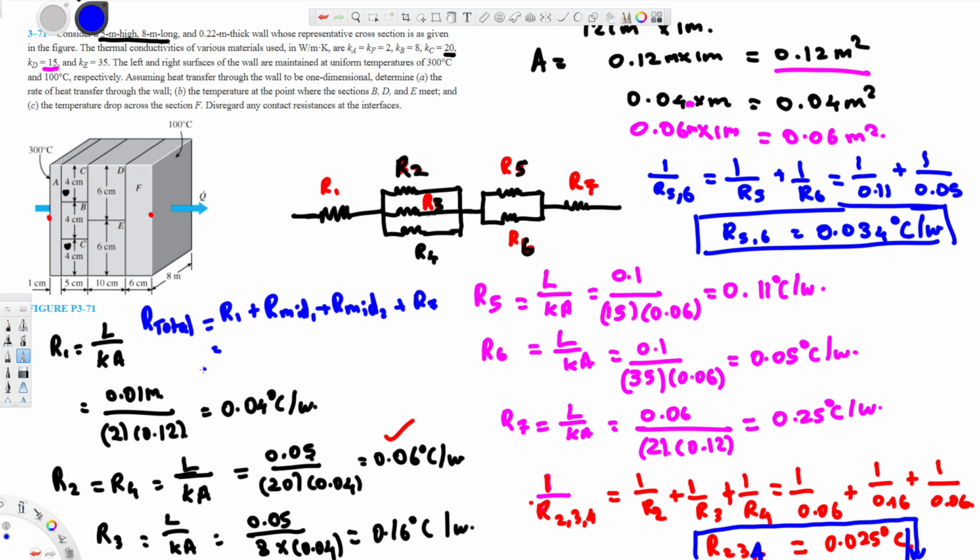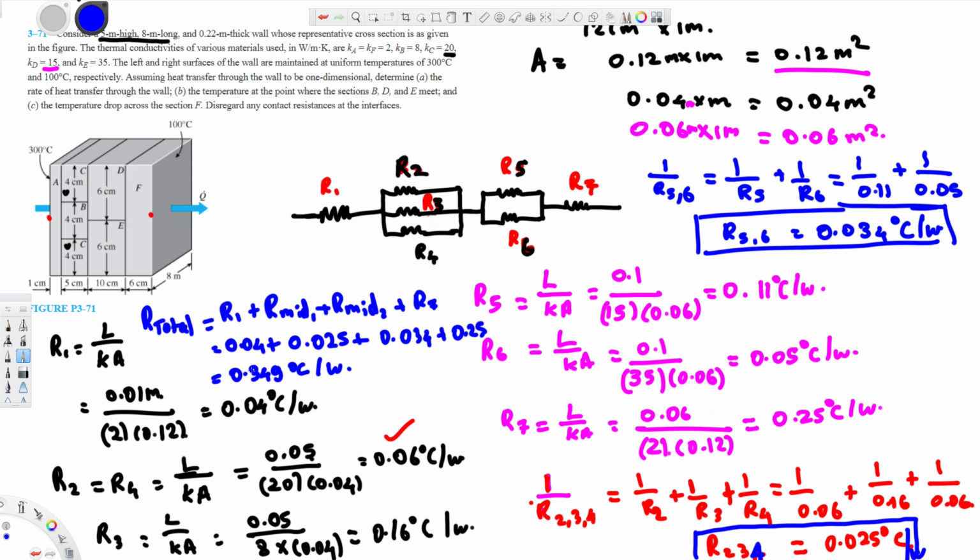R1 we calculated 0.04, plus the combination of this one is 0.025, plus R mid 2 we calculated, that's 0.034, and R7 we calculated right here, that is 0.25. If you add them together, that's going to give you 0.349 degrees Celsius per watts. Now we have the total resistance.